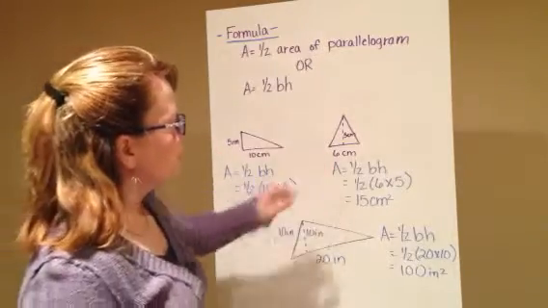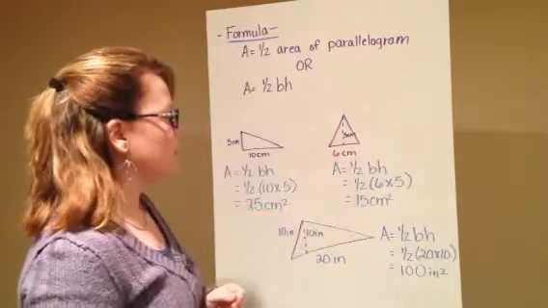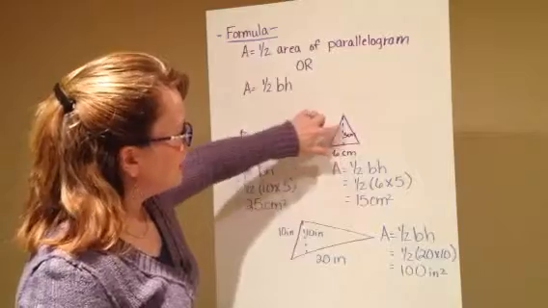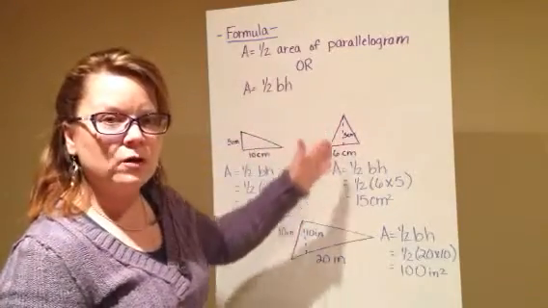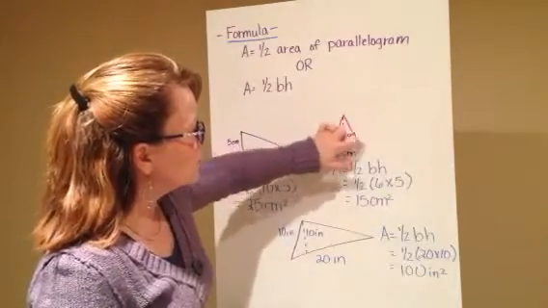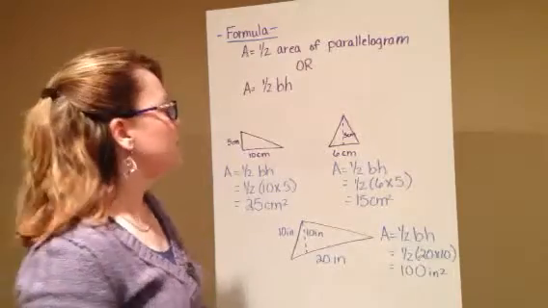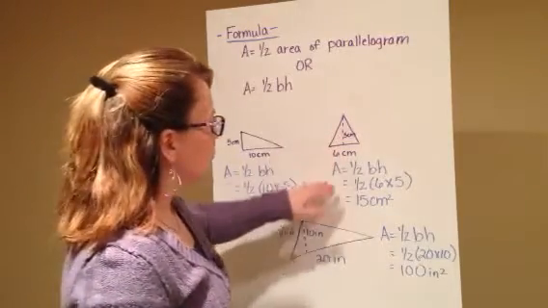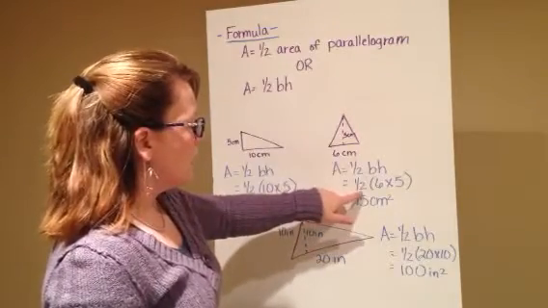Let's take a look at this one. You'll notice that my base is 6 centimeters, and my height I have listed with this dotted line because we actually want to measure how tall it is. We don't want the length of this side or the length of this side because we're finding area, not perimeter. So I'm going to take those measurements, plug in my formula, and write 1/2.